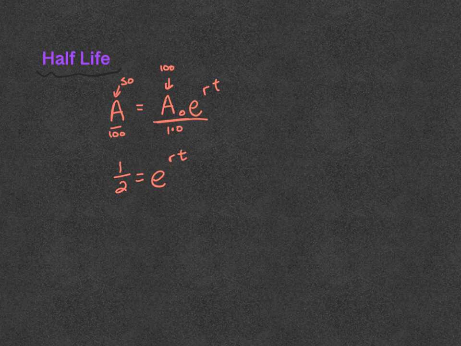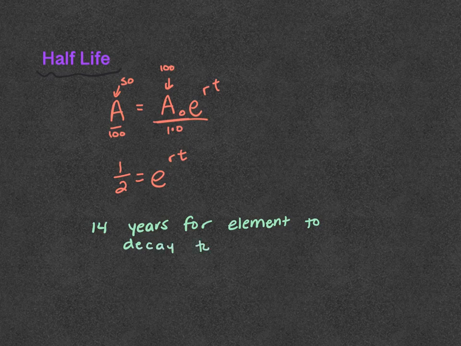Now t is still time and r is still rate. So if it tells you that it takes 14 years for some element to decay to half the amount, or the half-life of a certain element is 14 years, then I would say that 1/2 equals e to the r, which is what I don't know, t, which I do know, 14.